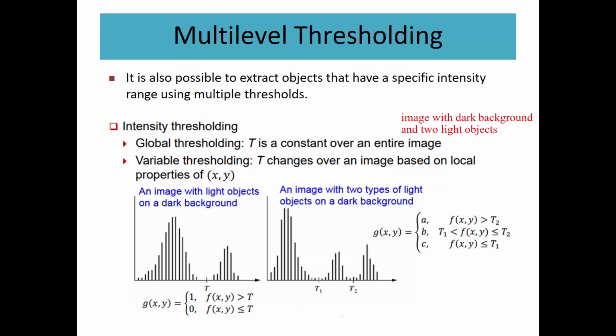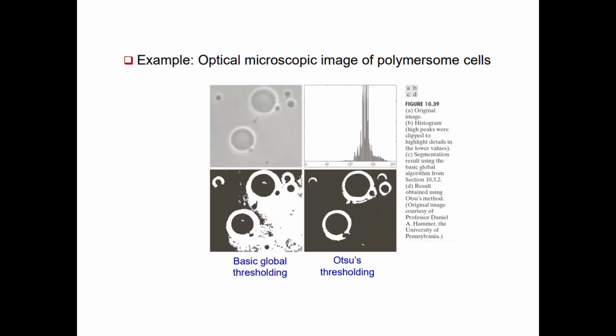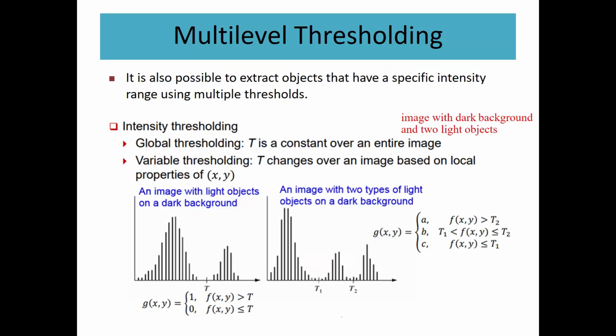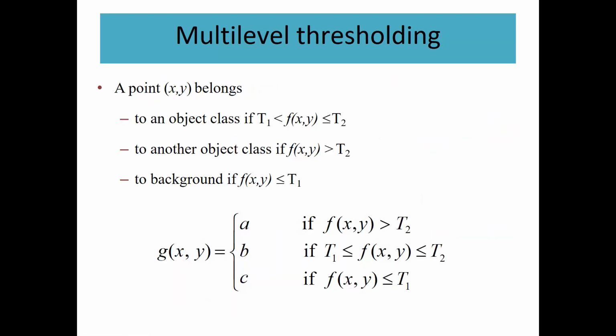There is another method, that is multi-level thresholding. Now there is another kind of thresholding known as multi-level thresholding, or you can also call it local thresholding. As you can see in this figure, there are a number of dip values, so for that kind of figure we are going to select more than one threshold.